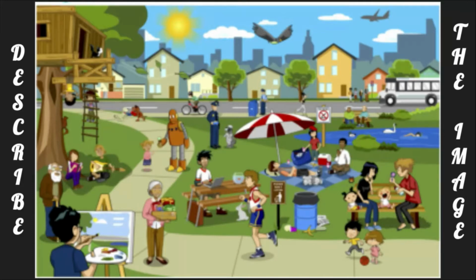The sun shines. We don't see the wind, but the wind is probably blowing softly, right? Okay, so now it's your turn. So I want you to go ahead and pause the video and describe the image.